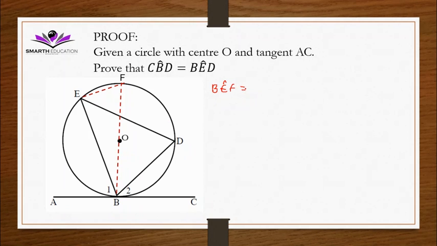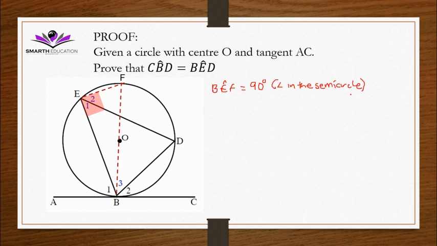BEF is equal to 90 degrees. Okay, because it's what? Because it's an angle in the semicircle. Let me write that. It's an angle in the semicircle. Okay, angle in the semicircle.